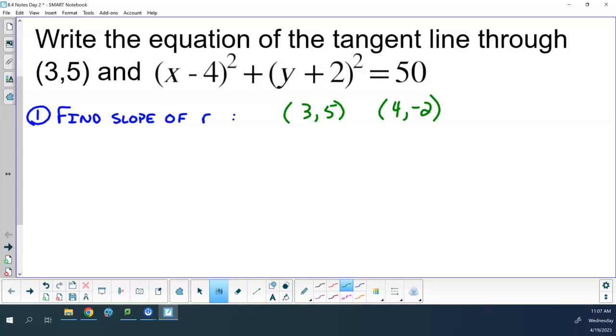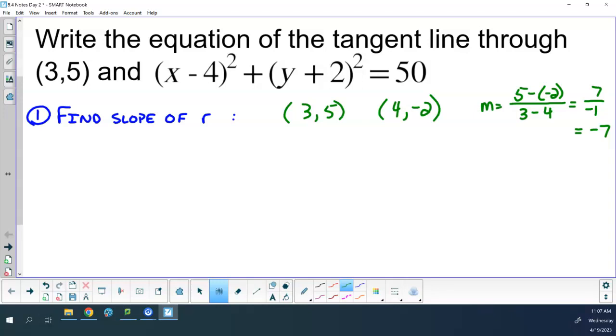So that's going to be 5 minus -2 all over 3 minus 4. 5 minus -2 is 7. 3 minus 4 is -1. So the slope of my radius is -7. Everybody agree with that? Okay.